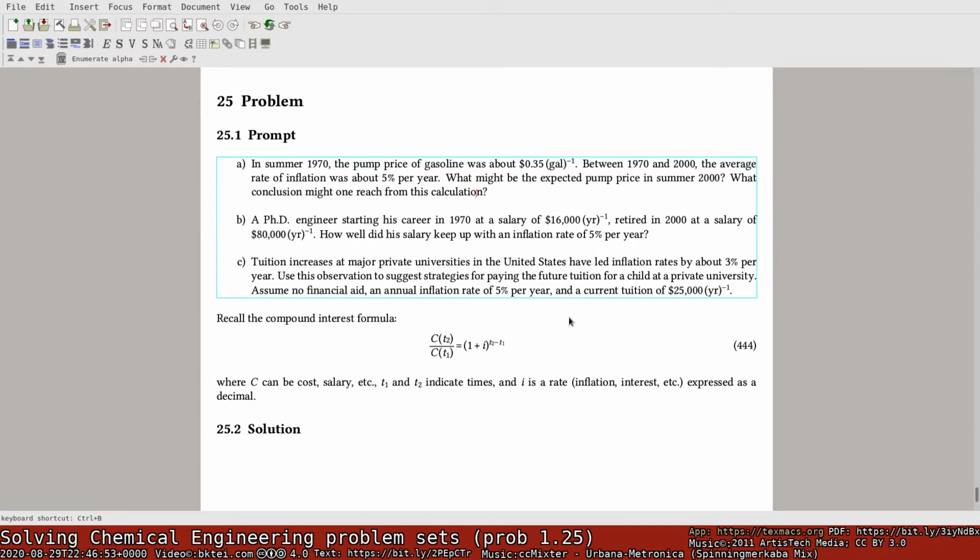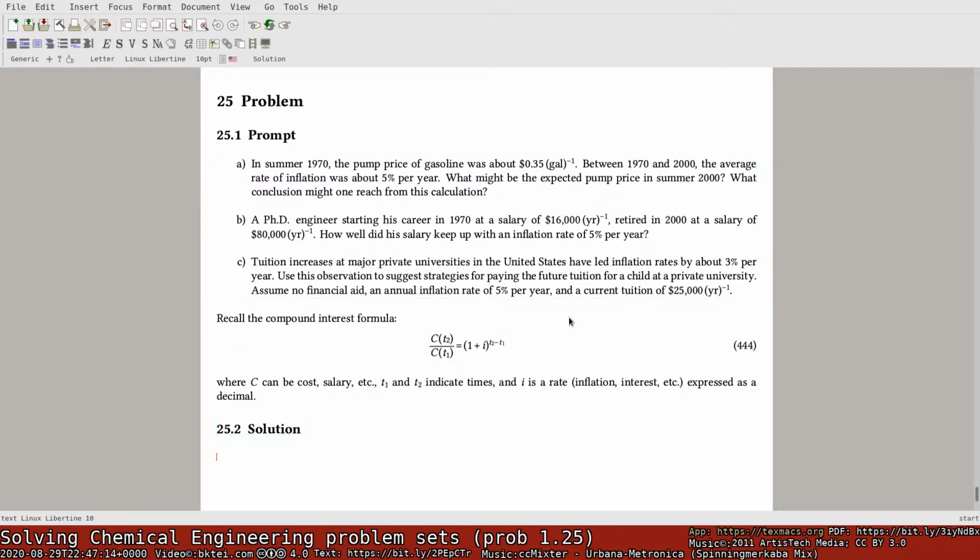Okay. So inflation rate, I guess, is the increase in cost of consumer goods, averaged across some basket of goods. So one big assumption we'll make is that this inflation rate will apply to gasoline. Big if, but I mean, what else can we do with this question?